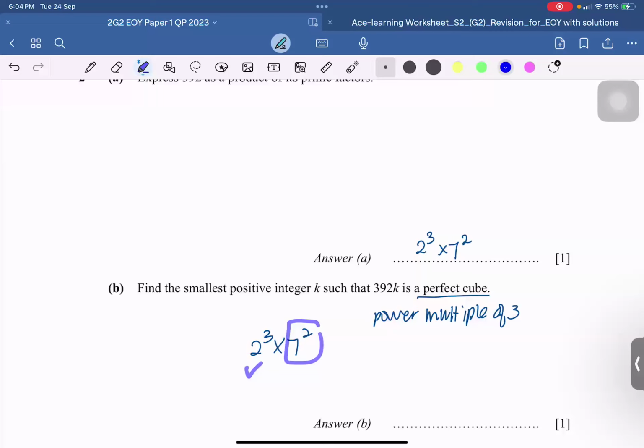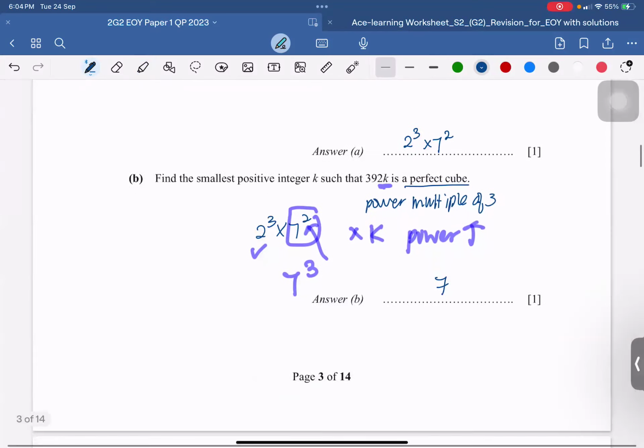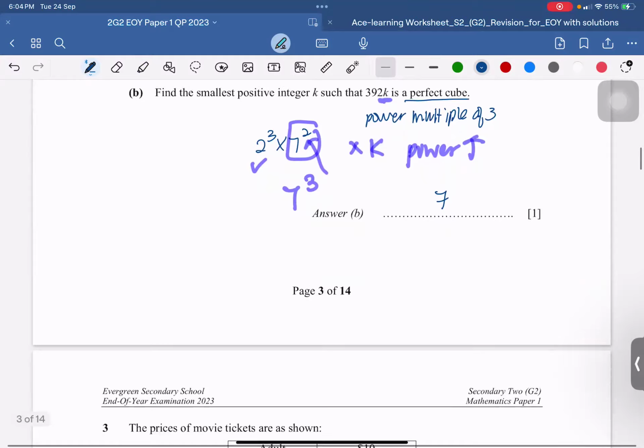So here I want it to become 7 cubed. When I multiply by something, the power will increase. So I want this one to become 7 cubed. What must I multiply? 7. Correct. We multiply 1 more 7. Good. So this is the answer.